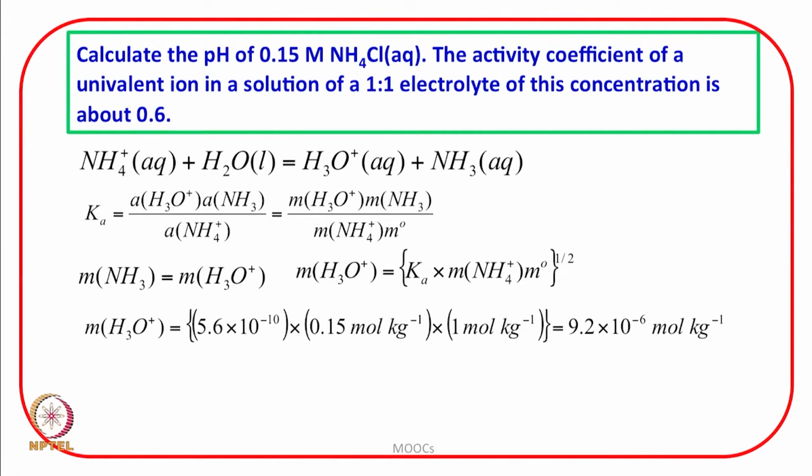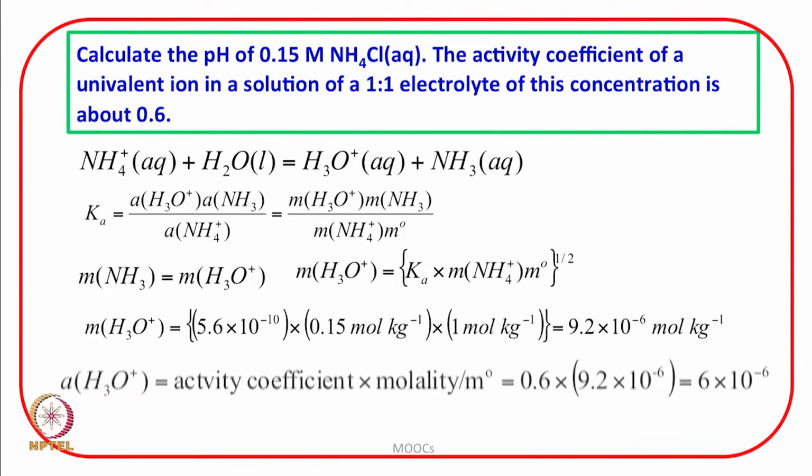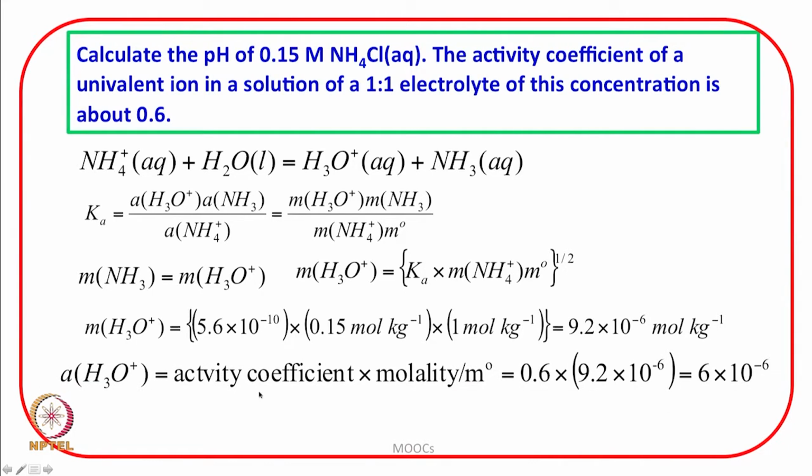But this is molality and we need activity. Activity is equal to activity coefficient into molality divided by m0. Again, m0 is introduced here to get rid of the units. We are given the value of activity coefficient, which is 0.6, and overall activity is coming to 6 into 10 to the power minus 6.